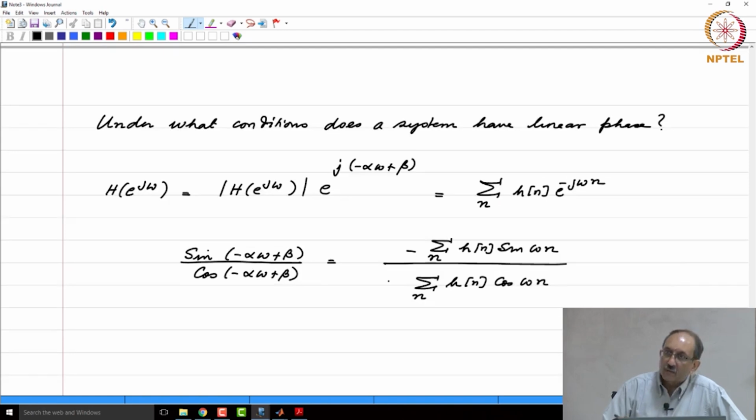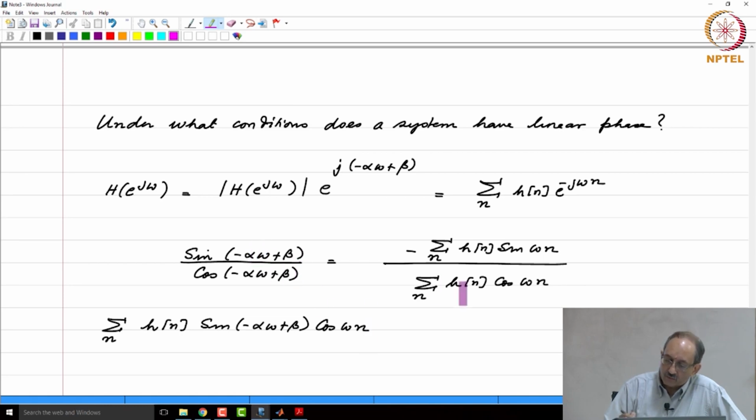Now, we can cross multiply. So, this is sum over all n h of n sin of minus alpha omega plus beta cos omega n. Then I can cross multiply this with this and then take this to the other side, right.